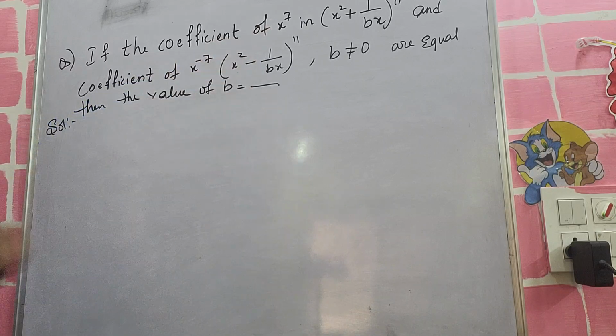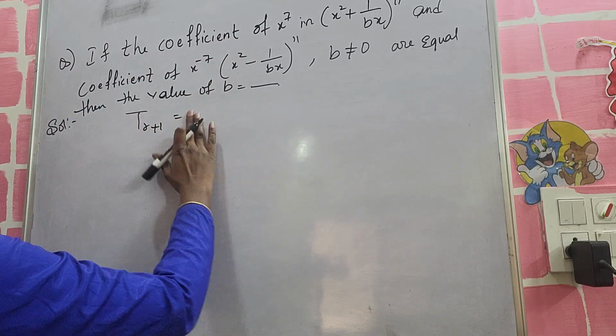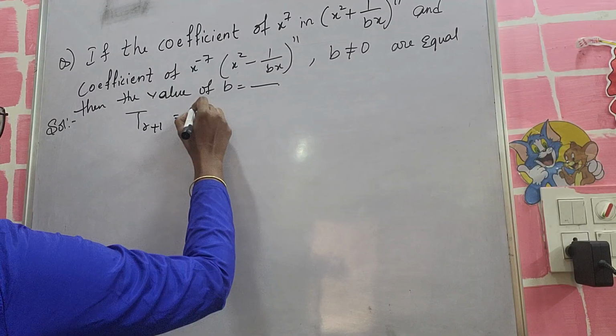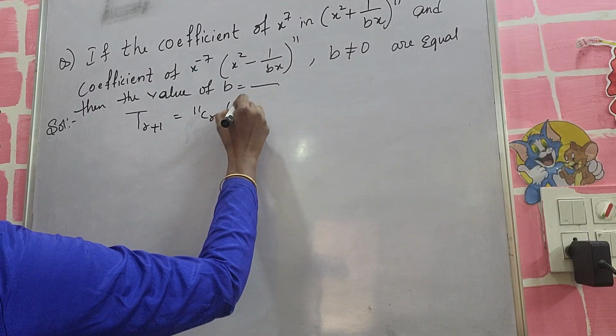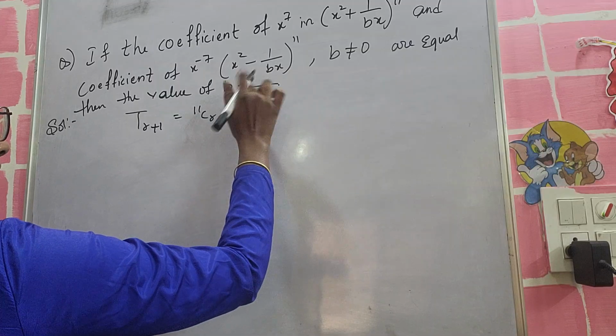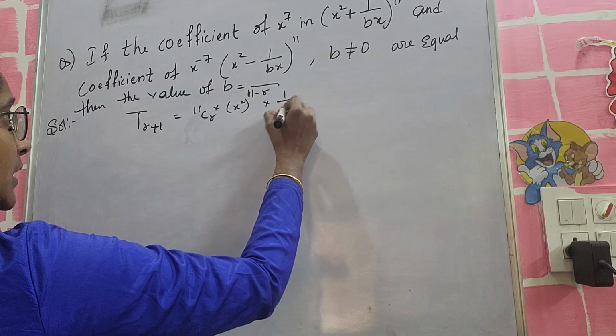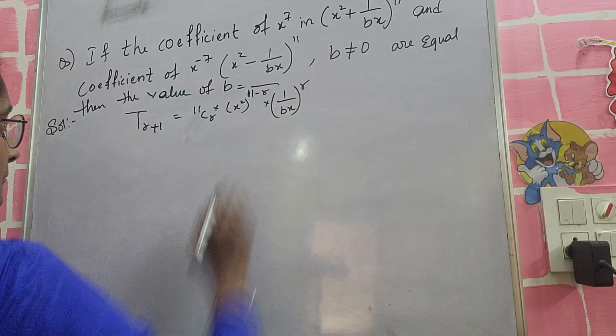X power of 7 means, first of all, t r plus 1 is equal to, I'm going to write it here, 11 cr x square of 11 minus r into 1 by b x power of r.